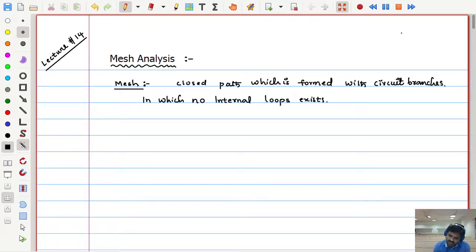Basically, this mesh can also be called a loop. So we can say that it is a loop which does not have any internal loops.